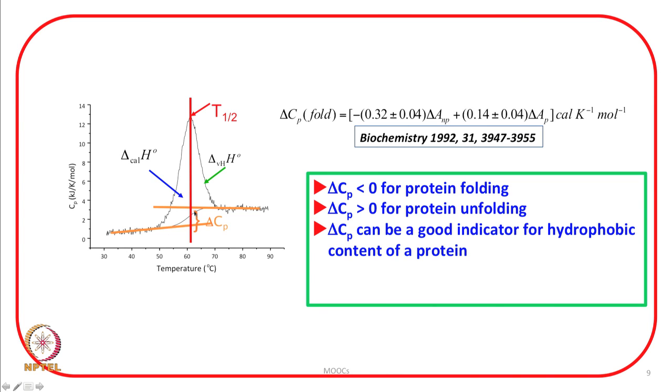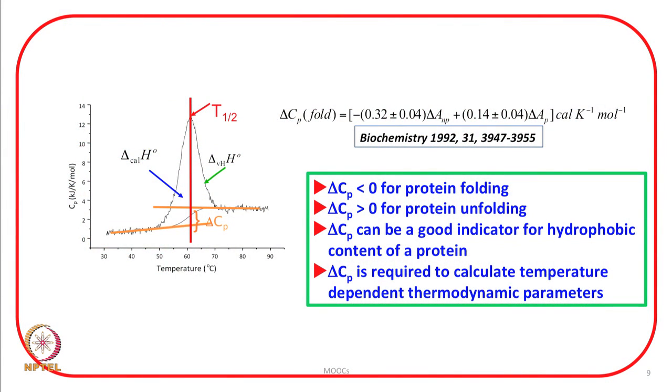What I mean is, if delta Cp is very large, that means many hydrophobic groups have been exposed to the solvent and have led to an increase in the structure of water to a large extent. And that is why I made this comment that delta Cp can be a good indicator of the hydrophobic content of a protein. And finally, delta Cp is required to calculate the temperature dependent thermodynamic parameters, as we have discussed many times.